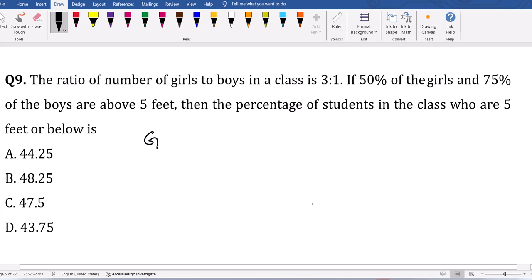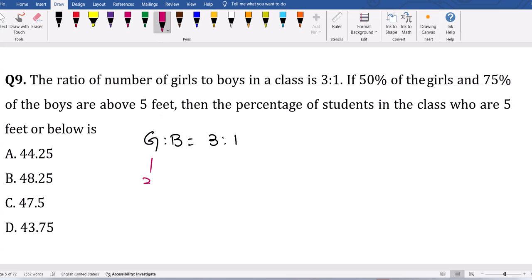The ratio of girls to boys is 3:1. 50% of the girls and 75% of the boys are above 5 feet. Let us take girls as 300 and boys as 100, satisfying that ratio. 50% of the girls means 150. 75% of the boys, 75% of 100, is 75.